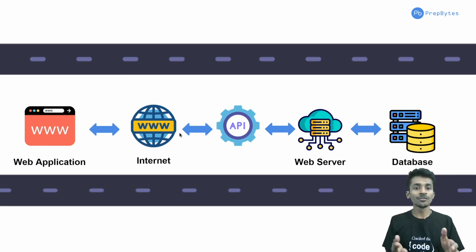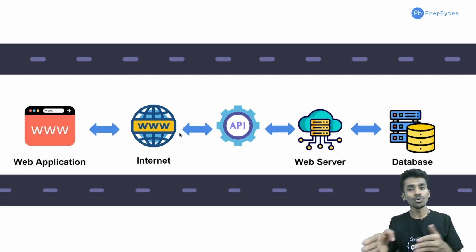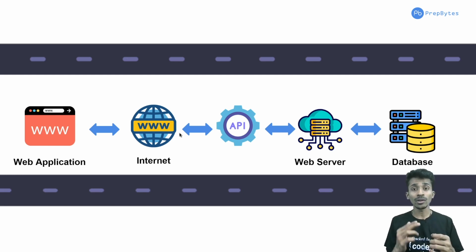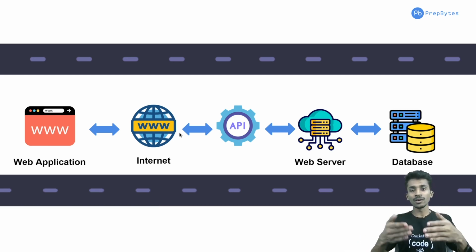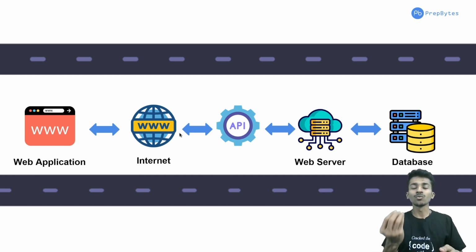One thing you'll notice is that the data flow here is bidirectional, because you need to send requests and accept responses. So the web application sends data as well as receives data via the backend. Everything from the API, the web server, and the databases is what a backend developer must build and maintain.